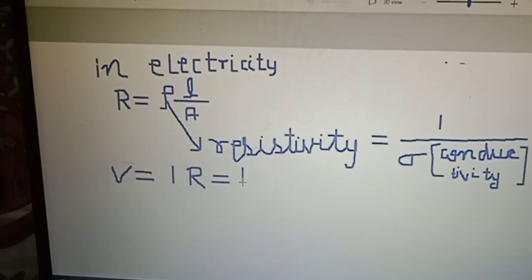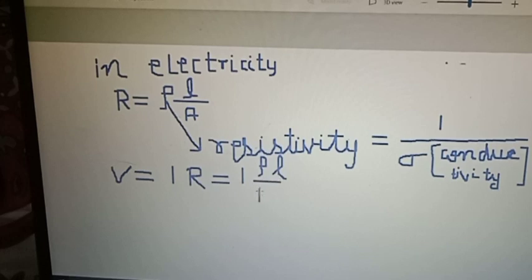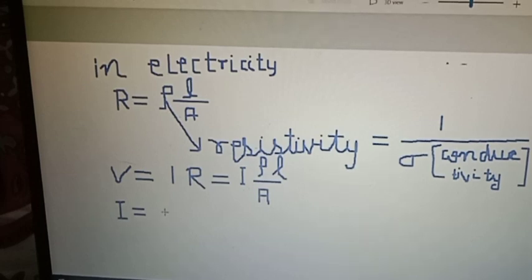So V equal to IR, Ohm's law, we know that. Now in place of R, we can put rho L upon A. So V is equal to I rho L upon A. Right now I'm just considering this electricity concept, and I'm rearranging this formula.